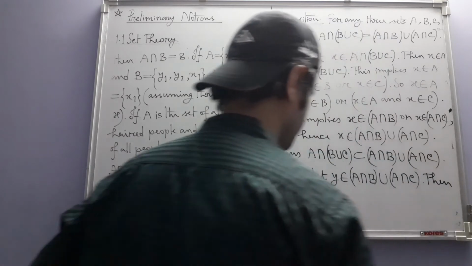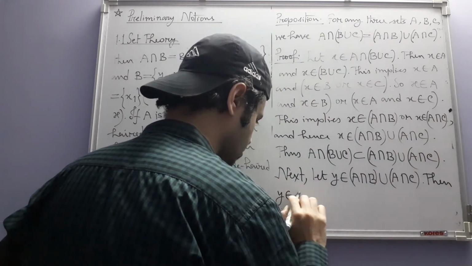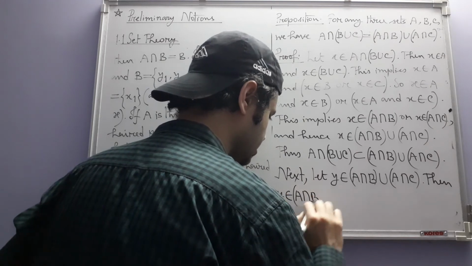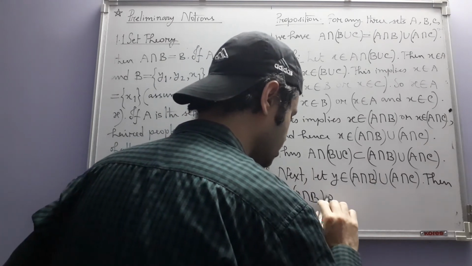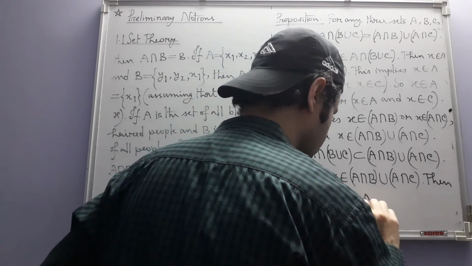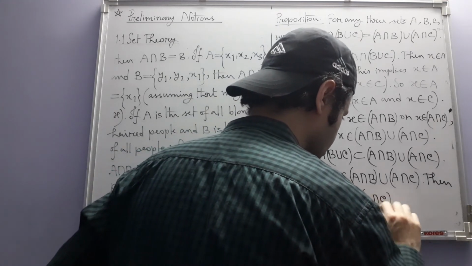Then y belongs to A intersection B. Since we have union, by definition of union we have this union A intersection C.